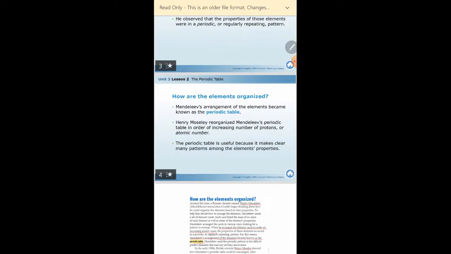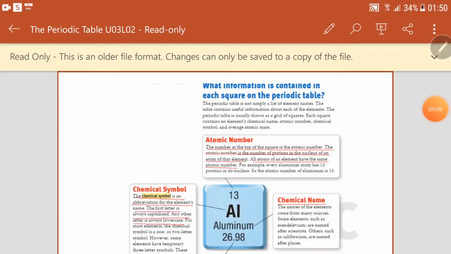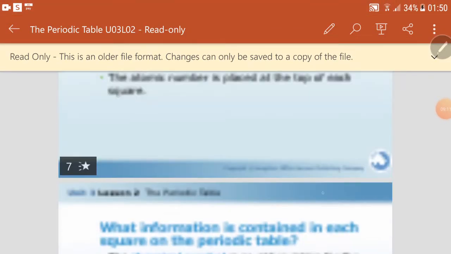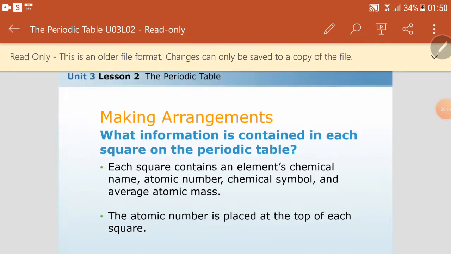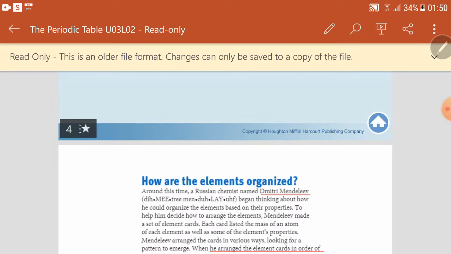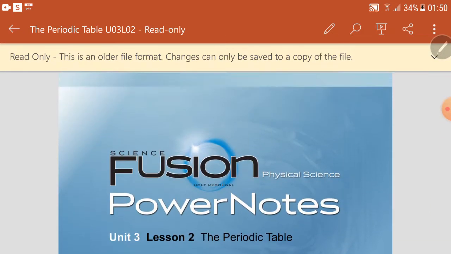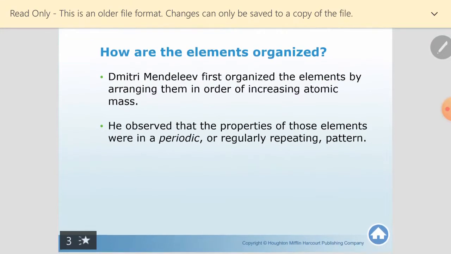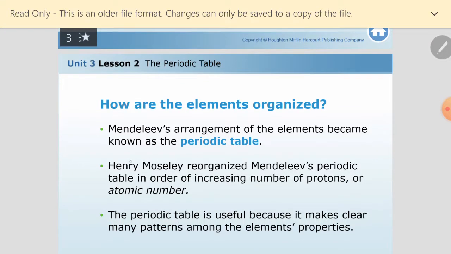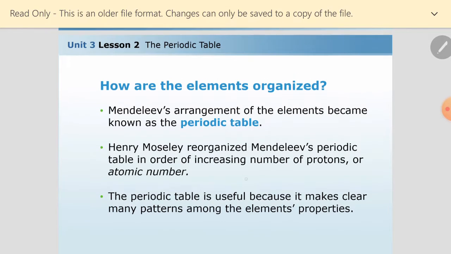After Mendeleev, a chemist called Henry Moseley developed the periodic table. He rearranged Mendeleev's periodic table.